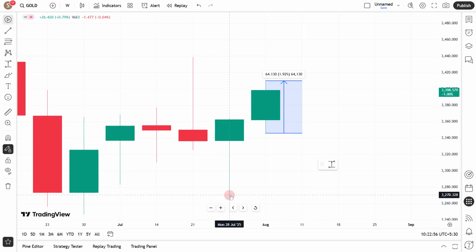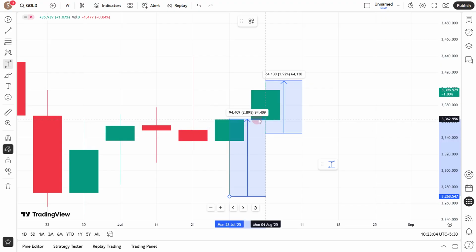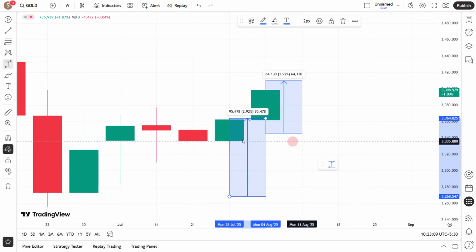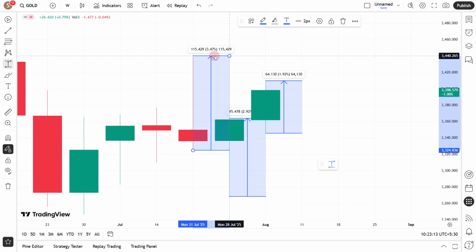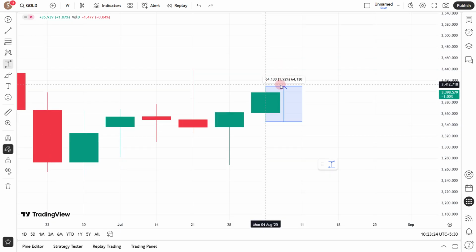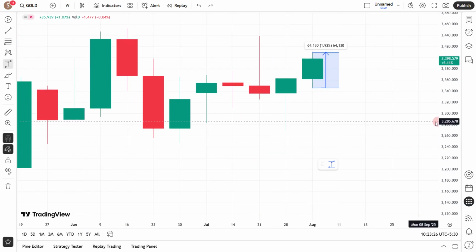The week before was from 28th July, when we witnessed a strong bounce back in the price of gold, with a move of almost $94, and previous to that almost $115. So continuously for the last 2 weeks, the fluctuation has slowed down to $64, and as a result the momentum has also slowed down.